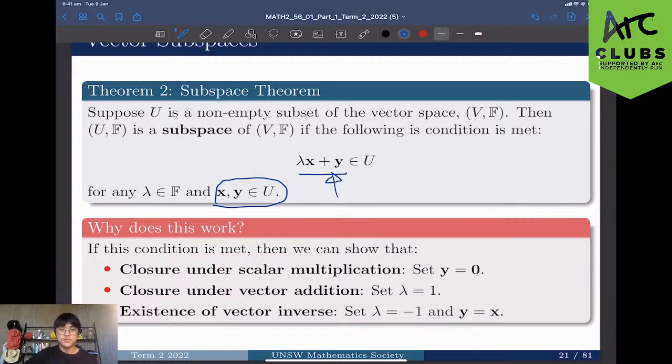So usually to prove that U is a subspace, we need to prove closure under scalar multiplication, so lambda x has to be in U, and closure under vector addition, so x plus y is in U. But we can do it in one step if we just show that this combination is also in U.